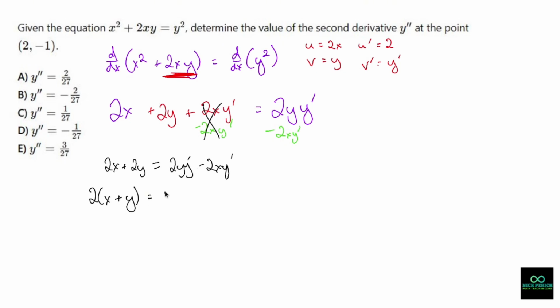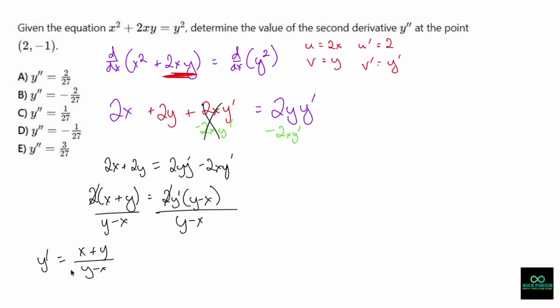Factor out a 2 and a y prime on the right, and that gets us y minus x. Divide both sides by 2, and divide both sides by y minus x. And y prime is going to be x plus y over y minus x.